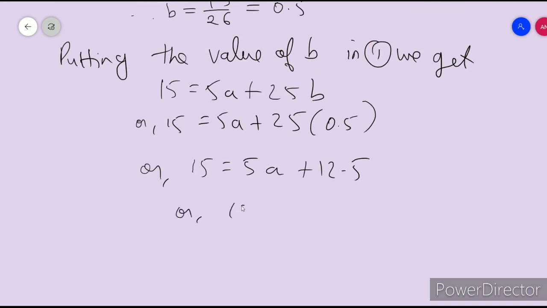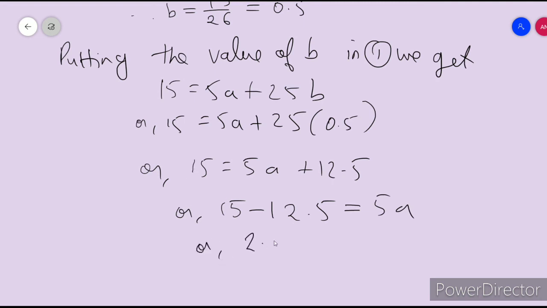You always try to bring the lower number to the other side. So if you bring positive 12.5 to the other side, it becomes negative, because 15 is the bigger number here.